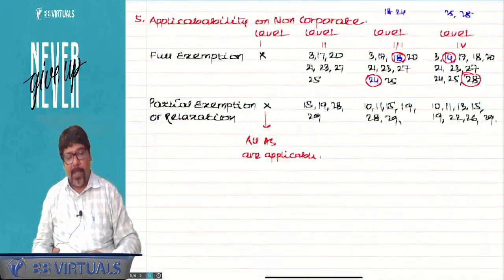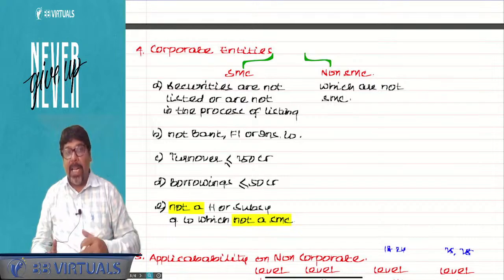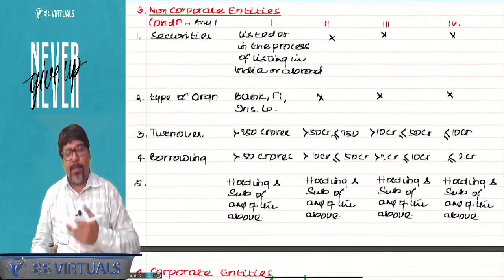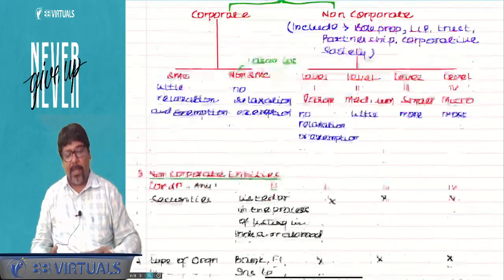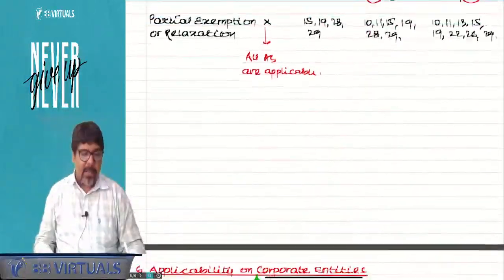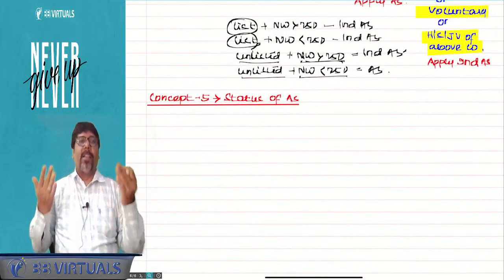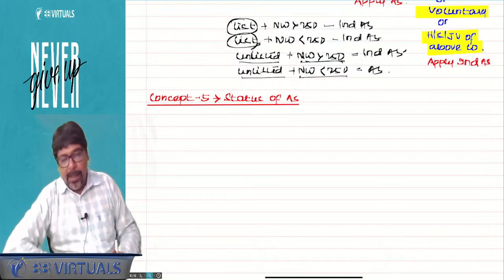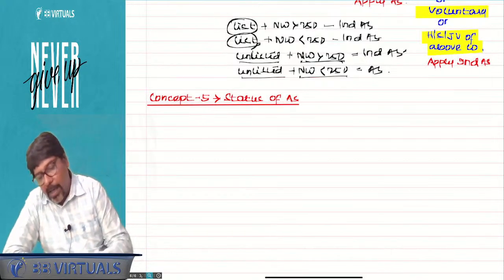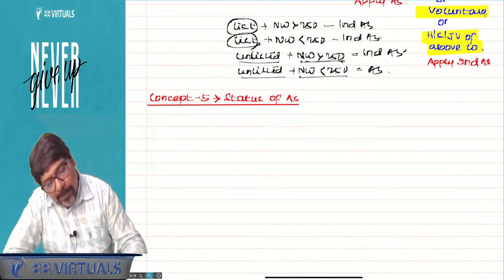Applicability for corporate, applicability for non-corporate, how to identify corporate, how to bifurcate non-corporate. Correct? Everything we did, and now we are here. Sir, will we get these notes? Absolutely. You are the brightest future of this country. Without you, how can I survive? I have to give you notes.